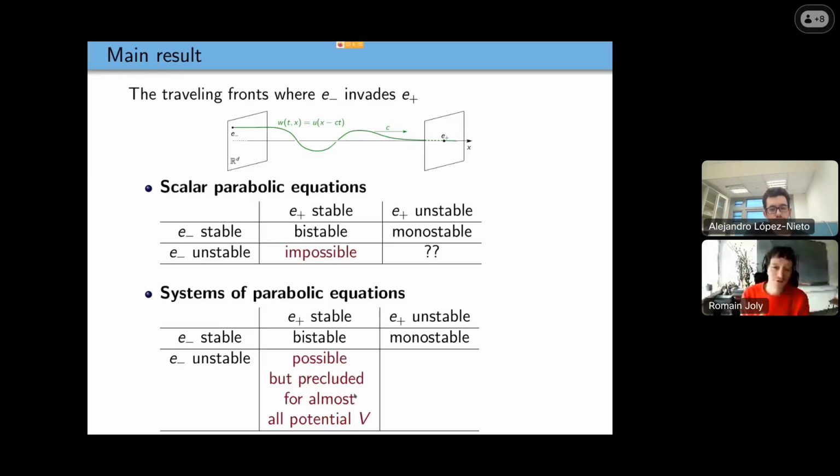It's not just that it's unstable, it really does not exist. So if you're used to scalar parabolic equations, bistable and monostable fronts and things like that, this is one difference with systems and one of the consequences of my work. Okay, is there any question, or is it still okay?